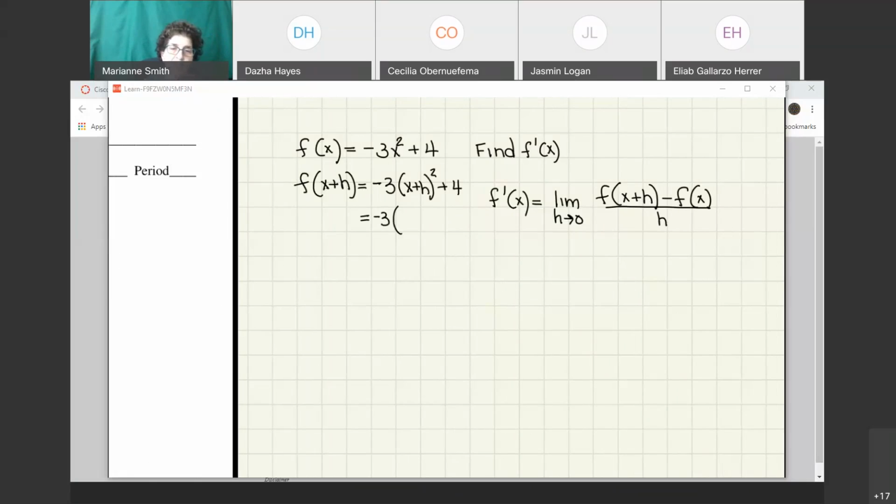And again, you can do it with FOIL, or you can remember a pattern that says square the first term, square the last term, multiply the two terms in the middle together. It's x times positive h, that's positive xh, and then double it. Okay, that's a quick way to square a binomial.